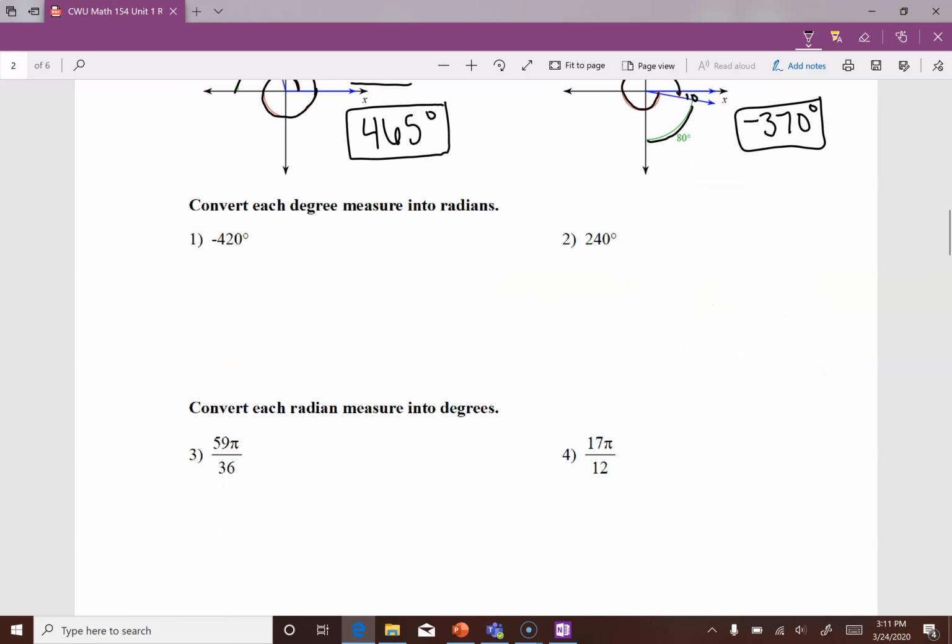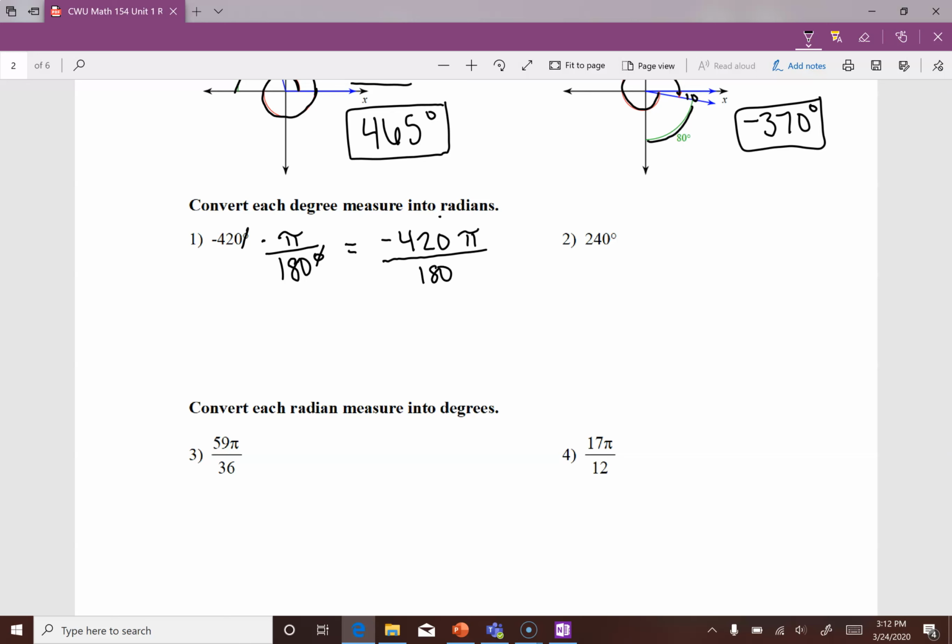Okay, let's convert each degree into radians. Here, I'm going to multiply by pi over 180 degrees. I memorize this because I know the degrees are in the denominator and the degrees are going to cancel. This is going to give me negative 420 pi over 180.